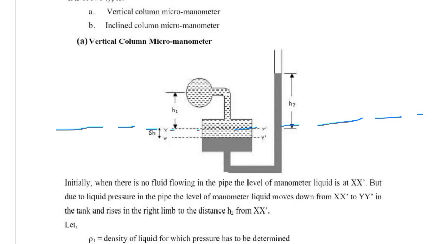But due to liquid pressure in the pipe, the manometer liquid moves from x to y. Due to the liquid pressure in the pipe vessel, this level moves by a change of delta H at this position, from x to y, and the liquid rises in the limb to the distance h2 from xx.